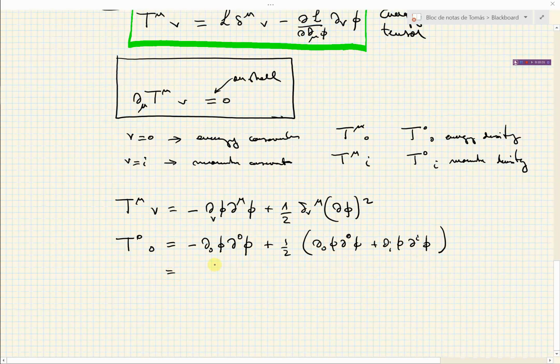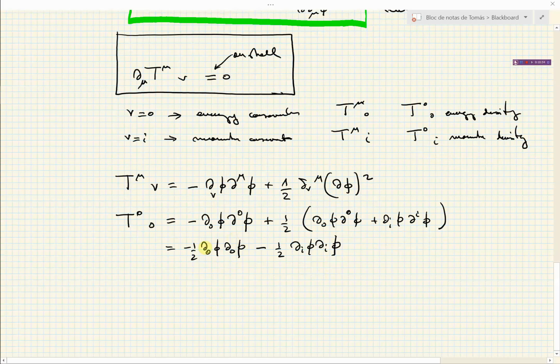So this is minus a half partial 0 phi squared, I can lower the 0 index because theta 0 0 is plus 1 in my conventions, plus a half of, or if you lower the indices, minus a half partial I phi partial I phi.